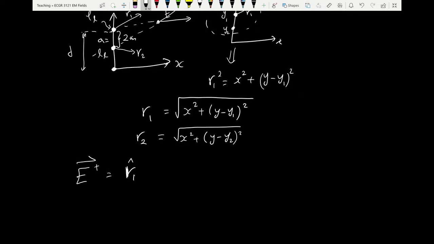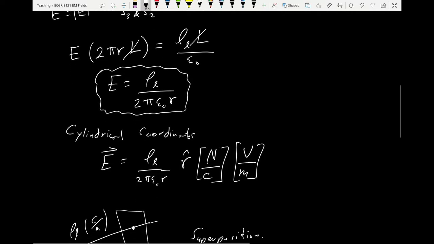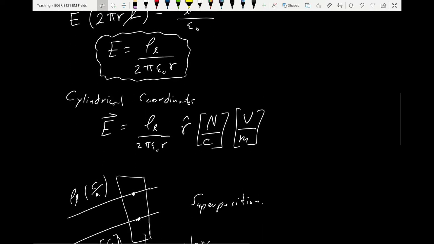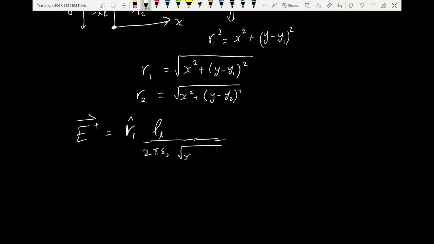If you remember, we derived this. So it's rho L over 2 pi epsilon naught R, but instead of R, I'm going to put in R1, which is the square root of x squared plus (y minus y1) squared.